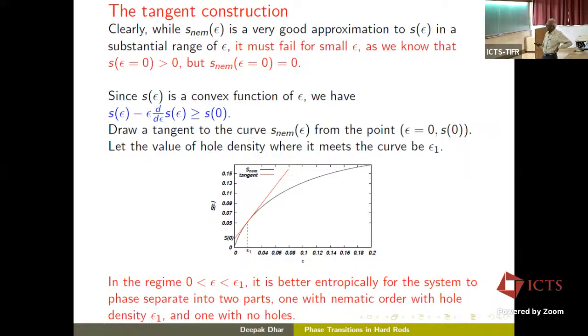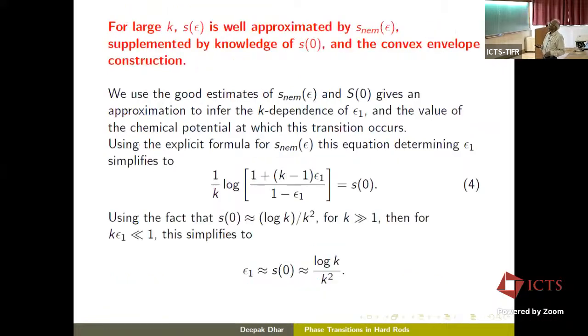And in the regime 0 less than epsilon less than epsilon 1, it is better entropically for the system to phase separate into two parts, one with nematic order with hole density epsilon 1, and the other one with no holes. But that one also has a finite entropy. Okay? And the part with holes has even more entropy, but there is only a finite part. And there is a sum of these two phase separation. Okay? So this is the statement.